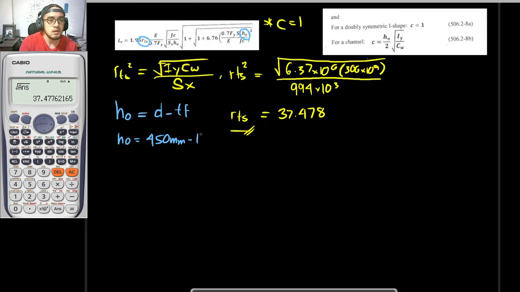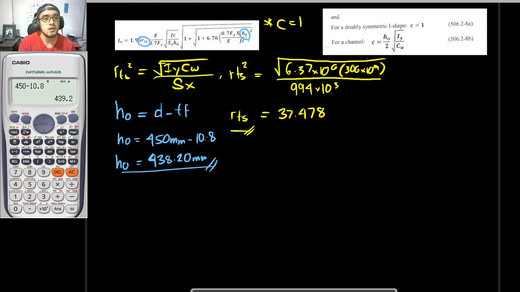So our ho would now be equal to 450 minus 10.8, that is 439.2. So 439.20 millimeters is the value for our ho.